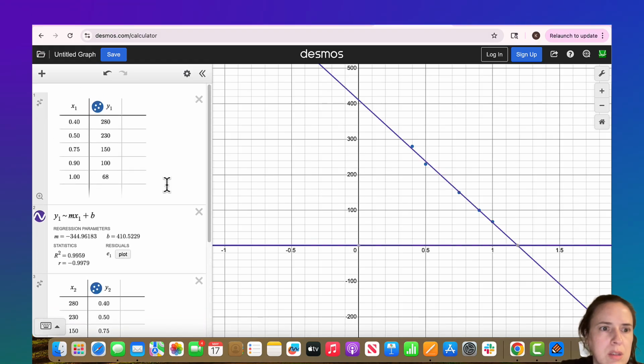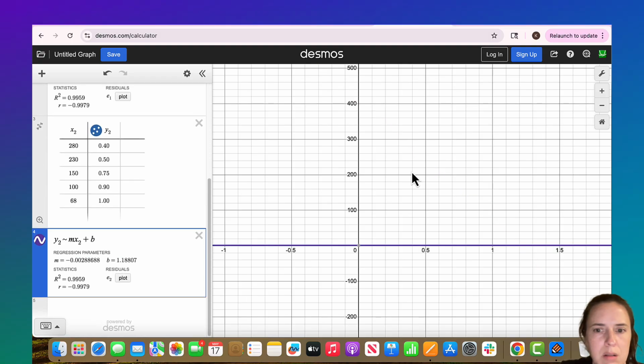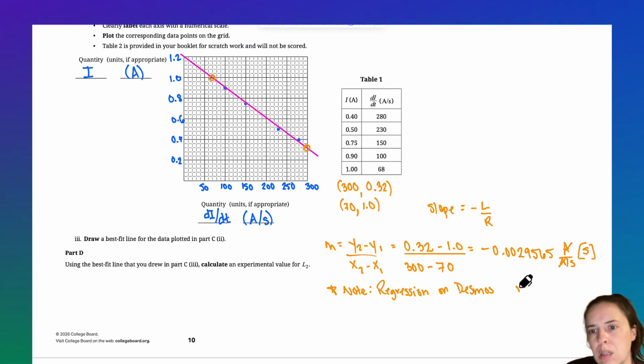All right, so if I do my Desmos points, my axes are all dumb, but whatever. We got negative 0.00287. Right, so pretty close if we did our crappy by-hand graph versus our more accurate Desmos regression.